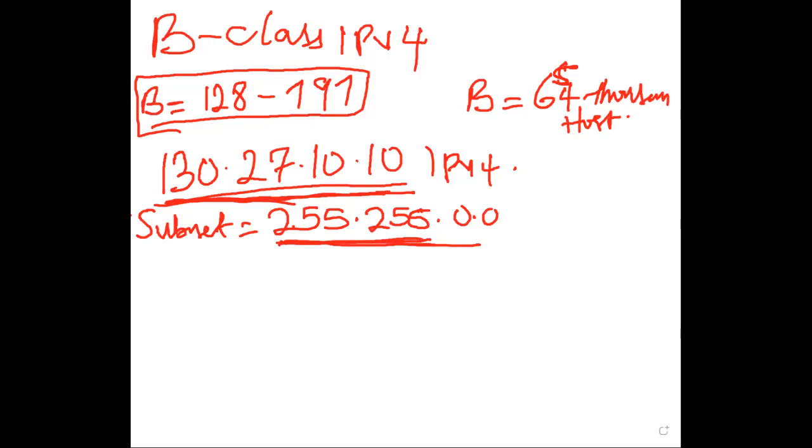the 16 bits are totally occupied, meaning the first 2 octets are filled. They are always 8 bits. Remember, these are basics: 8 bits make a byte.